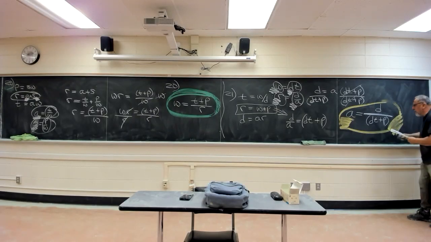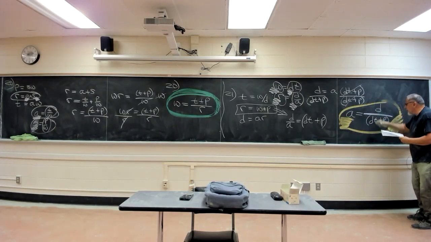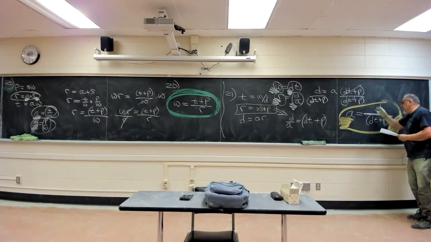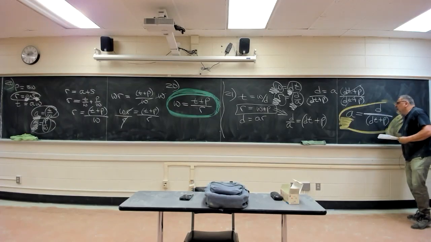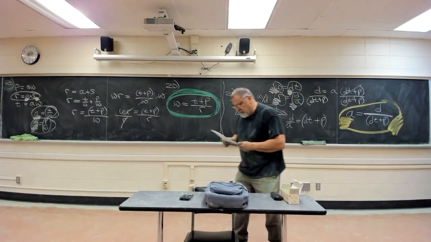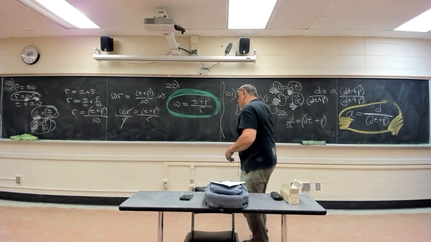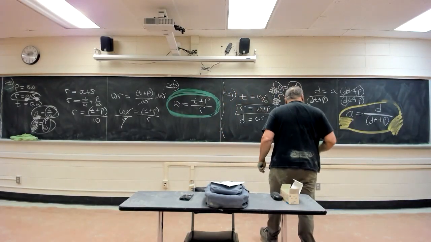Basically, A equals D over the quantity D times T plus P, or A equals D over the quantity P plus D times T. Either way, that's fine. So we got 22, 23, 24 to write, and we're doing pretty good if we do that.